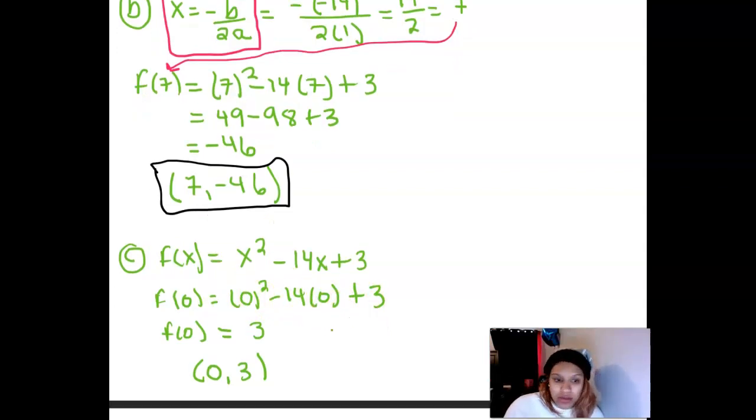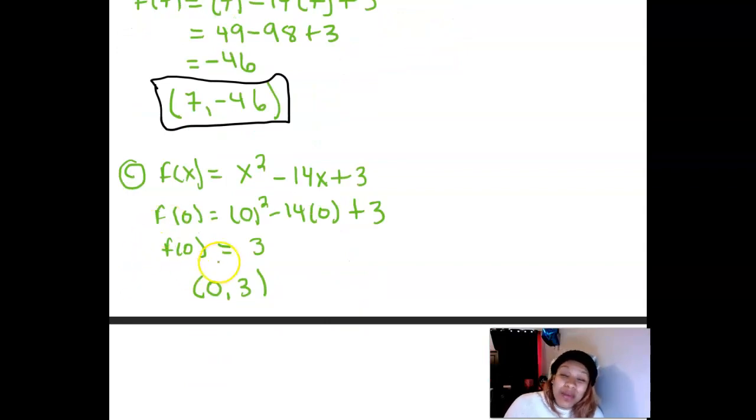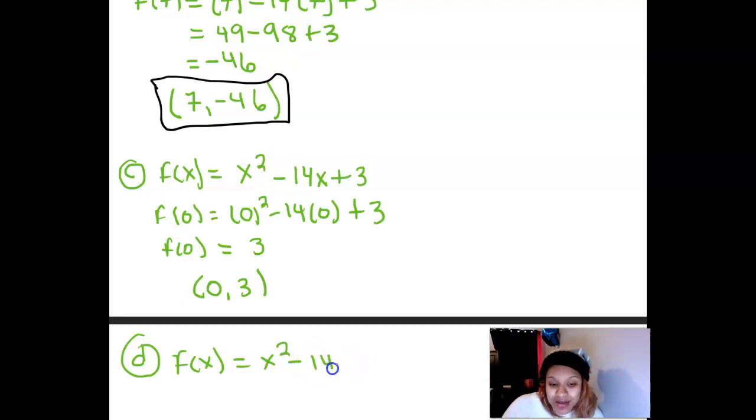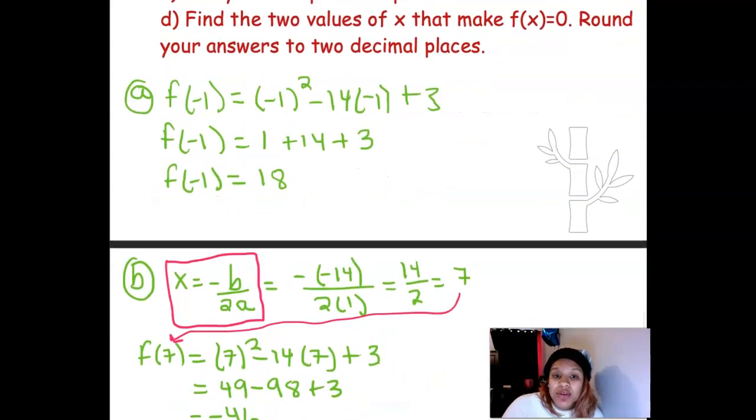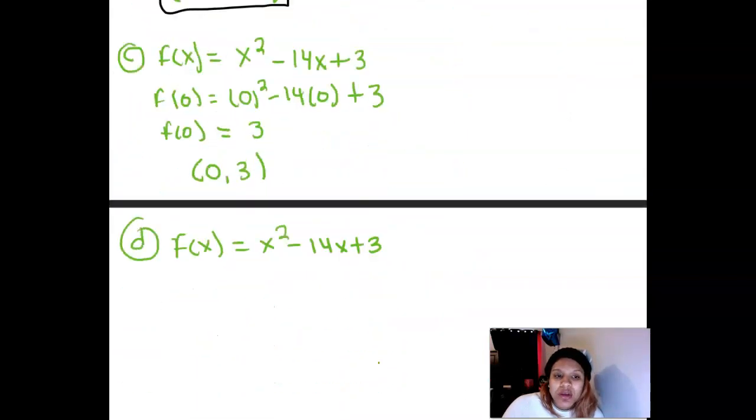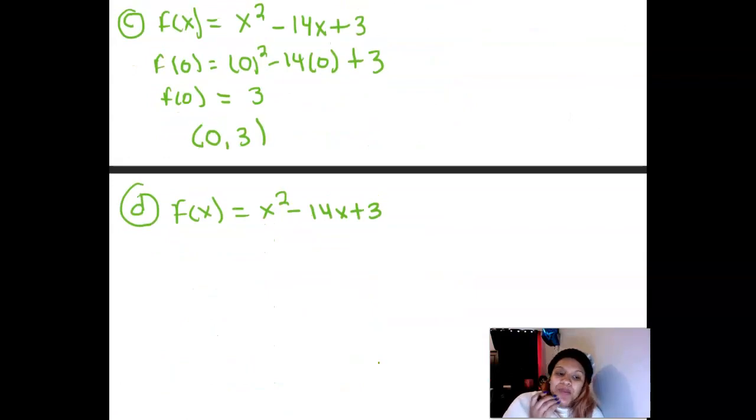All right. Then we're going to do part D, and you got a break with part C, but part D is a little bit more involved. For part D, we're looking for the x-intercept this time. Let's confirm that. Find the two values of x that make f of x 0, and round your answer to 2 decimal places. So the x-intercept comes from setting y equal to 0 and solving.